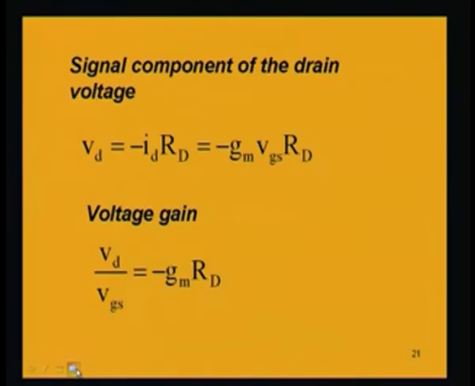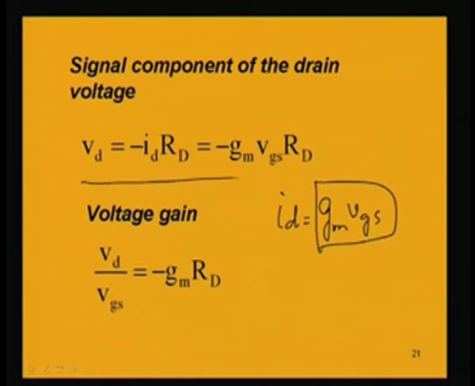So, writing down the AC component or signal component of the drain voltage, which is nothing but small i_d into R_d with a minus sign, and again this small i_d can be written as g_m into small v_gs, because we know what is g_m, small i_d by small v_gs. Replacing small i_d by g_m into v_gs, with R_d already there, we can now find the ratio between the output voltage small v_d and the input voltage small v_gs.